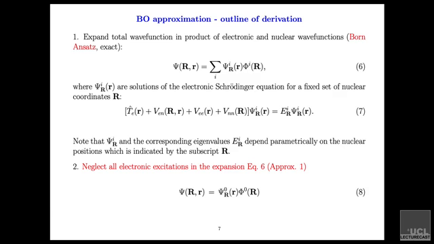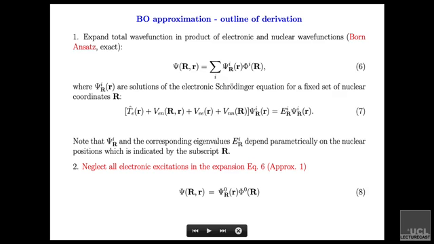In the beginning, you write down your fully coupled wave function as a sum of products of electronic wave functions, which I call psi_R,i, and note that these electronic wave functions still depend parametrically on the nuclear coordinates, so they have different values for each nuclear configuration, times a nuclear wave function that only depends on the nuclear coordinates.